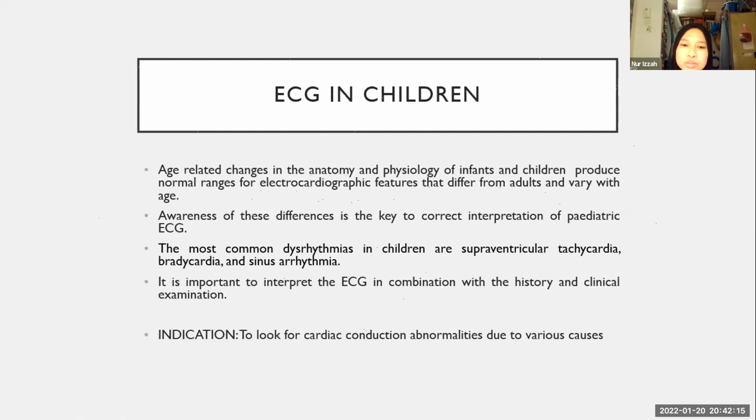It is important to interpret the ECG in combination with the history and clinical examination, so that we can know whether the cause of the ECG abnormality is an underlying cause. For example, maybe the patient has congenital heart disease or a metabolic derangement causing the ECG changes.